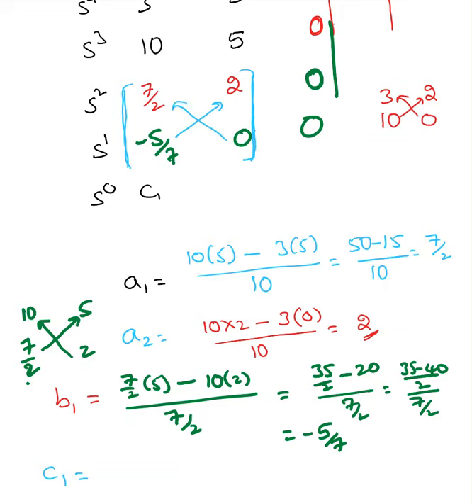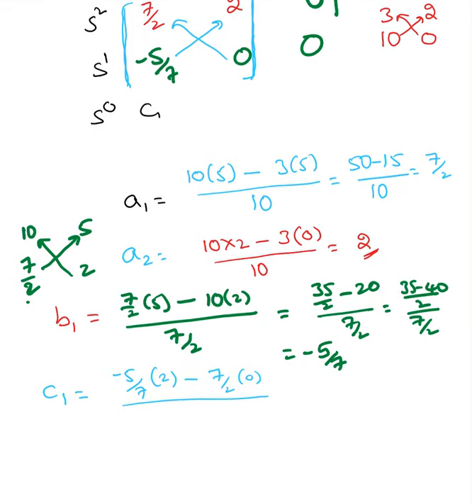C1 equals minus 5 by 7 times 2 minus 7 by 2 times 0, over minus 5 by 7. This is 0, and minus 5 by 7 over minus 5 by 7 cancel out, so we end up with 2.